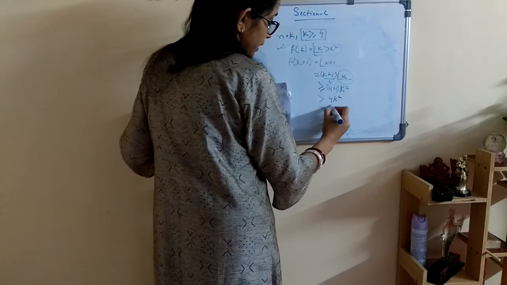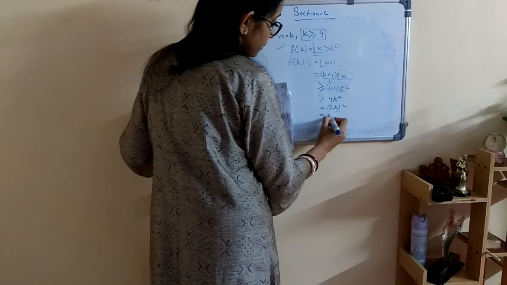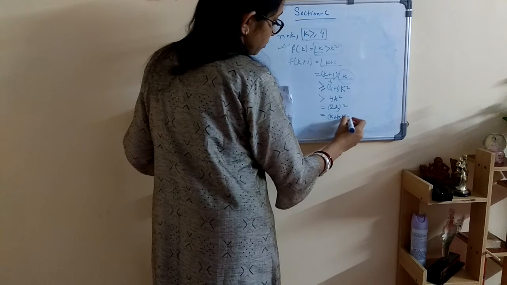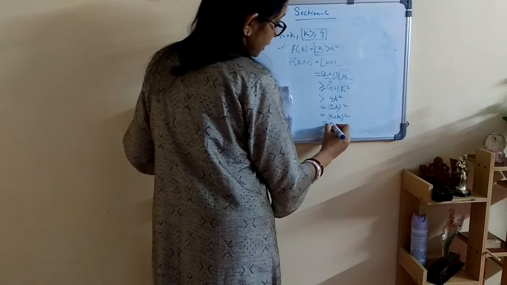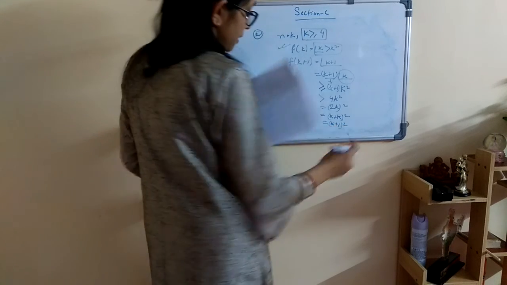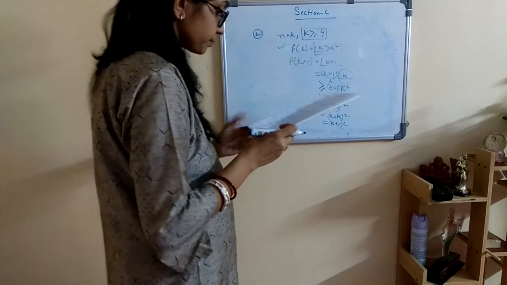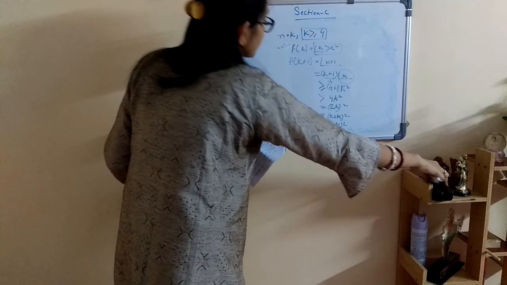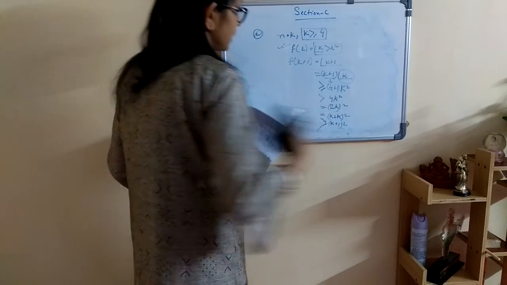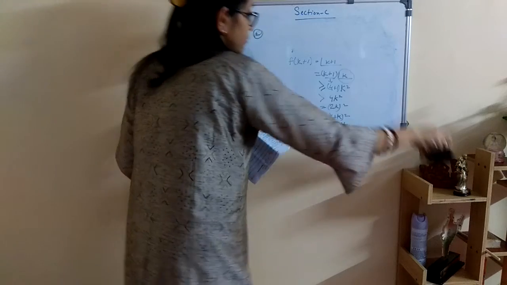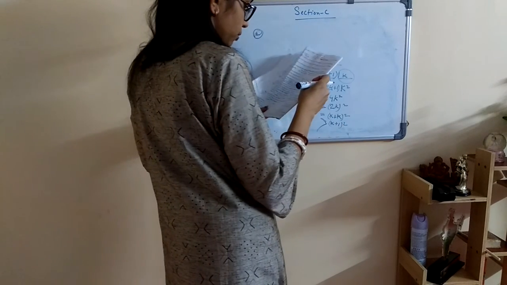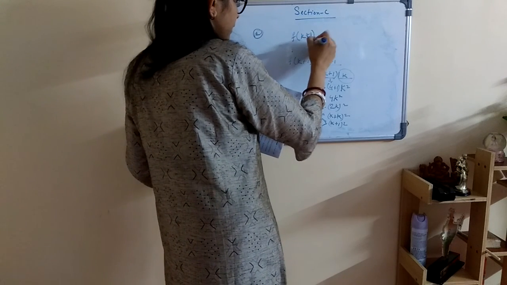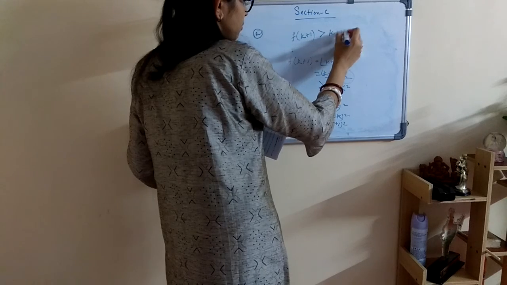Now 4k square is equal to (2k) whole square. 2k can be written as k plus k, so (k+k) whole square. So it is k plus 1, where I have again put the value of k as 1, so it is greater than (k+1) whole square. And now we have got the relation that f(k+1) is greater than (k+1) whole square.